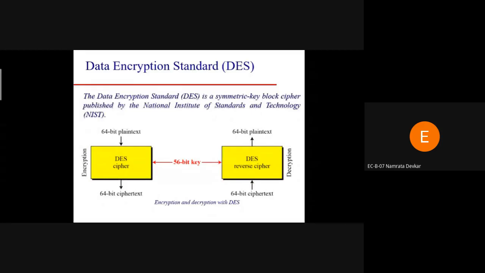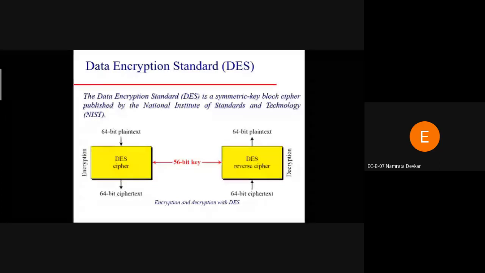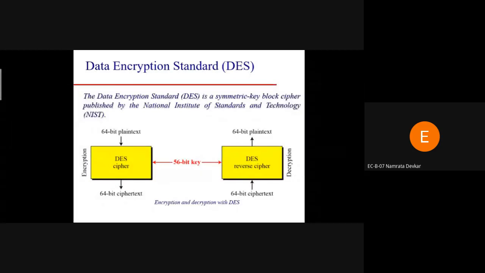For encryption we use the DES cipher or DES algorithm, and for decryption we use the reverse DES cipher. It is similar to a multiplexer and demultiplexer. The concept of DES and inverse DES is similar to multiplexing and demultiplexing.